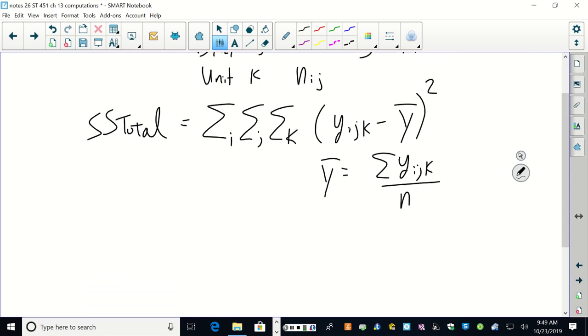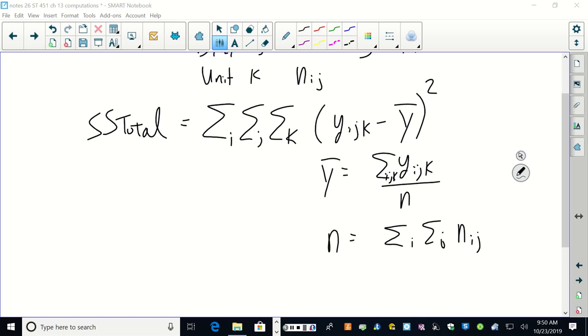That total sample size in formulas would be a sum over all i, j, and k, up here, over all the indices, a sum over the treatments, the blocks, of the sample sizes in each of those groups. And that reflects the total variability of the individual values from the center.